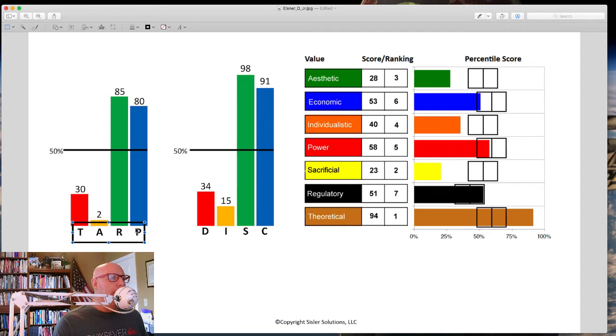So what does TARP stand for? T is for taking, A is for attracting, R is for responding, P is for preserving. So you're a responsive brain type when you orient in the world. And that's right here. It's your highest emotional intensity, and it's a responsive emotion.